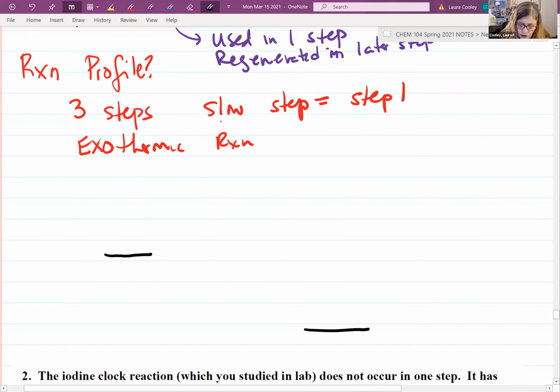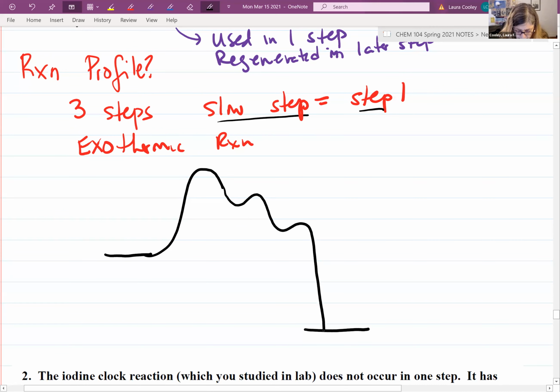But the fact that the slow step is step 1 means that the biggest bump is the first bump. And then you'll have 2 smaller bumps on the way to products. So this is the activation energy for the first step. This little guy here, that's EA2. And then this little guy here is EA3.